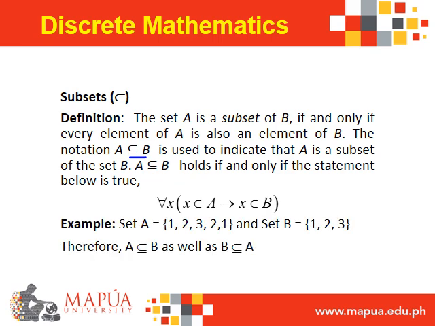Hence, if we're given set A to contain elements like this, and set B to contain elements like this, then A is a subset of B as well as B a subset of A.